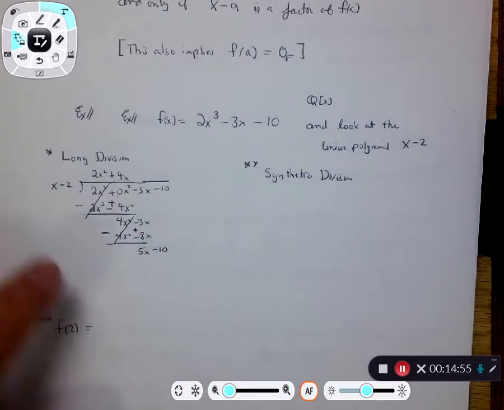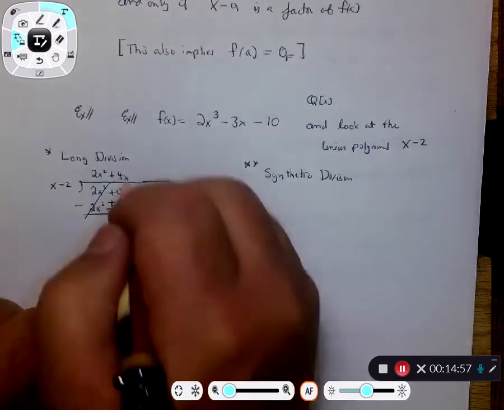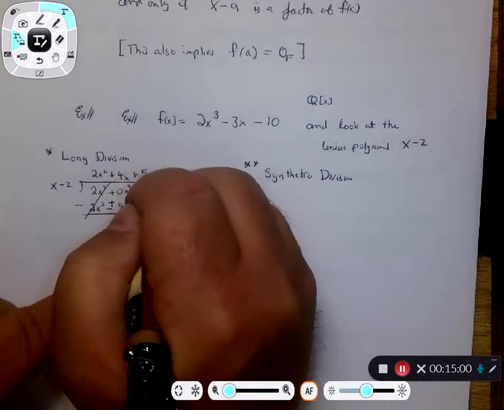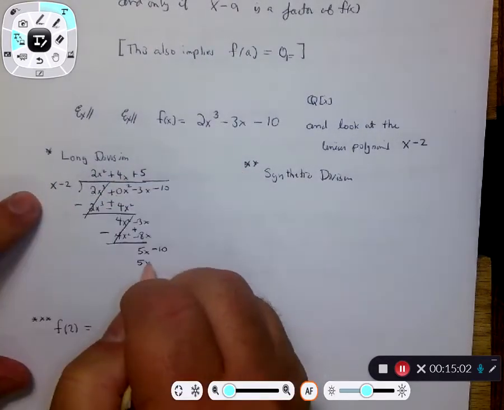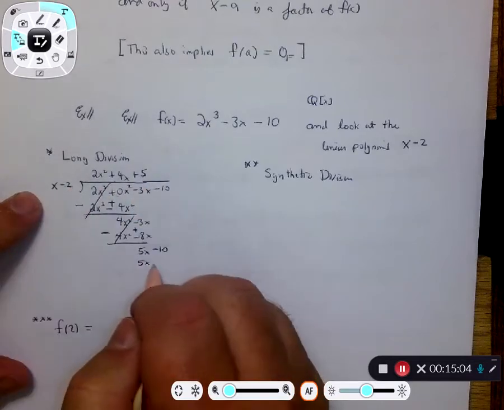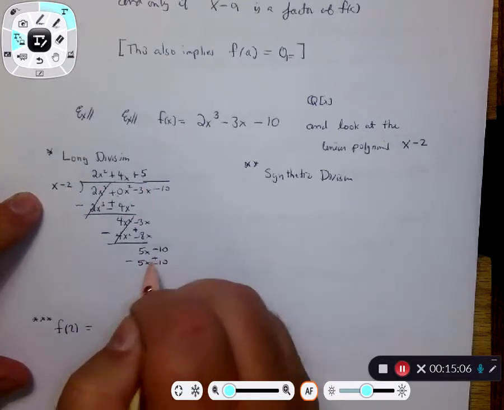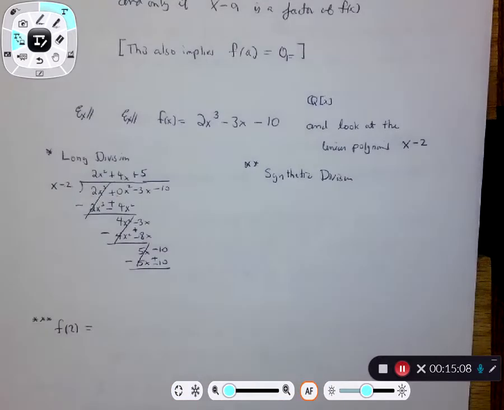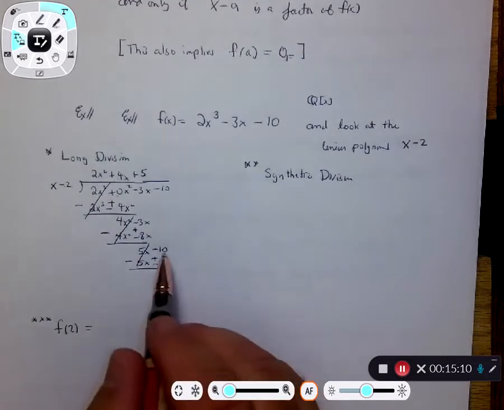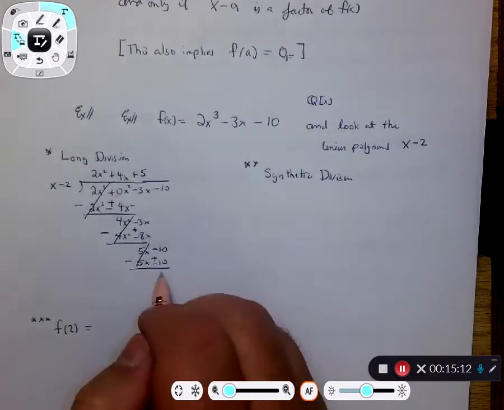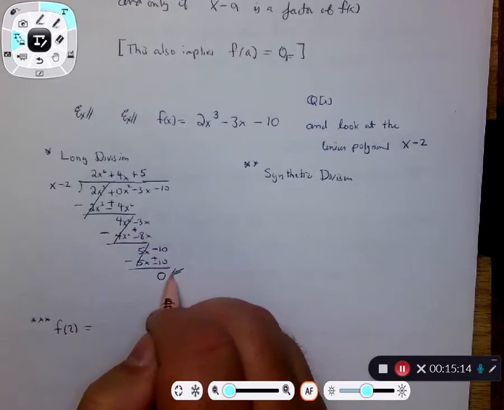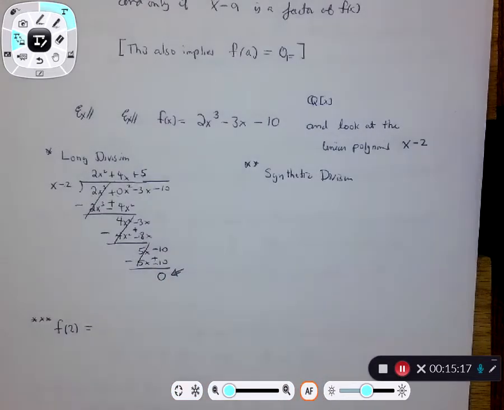Now what times x is 5x? That would be plus 5. 5 times x is 5x. 5 times minus 2 is minus 10. Subtract, changes my signs. First term cancels. And you got minus 10 plus 10, so the remainder is 0.